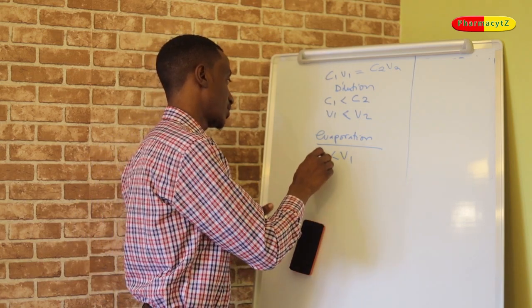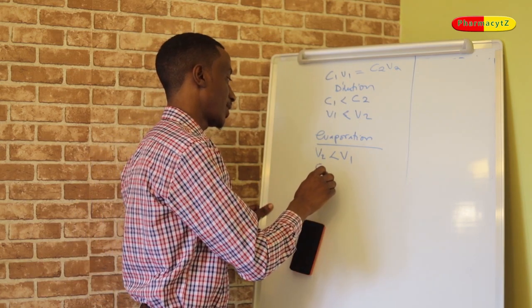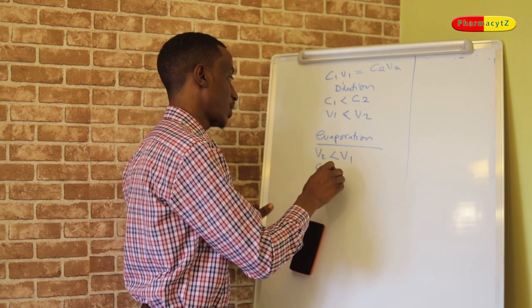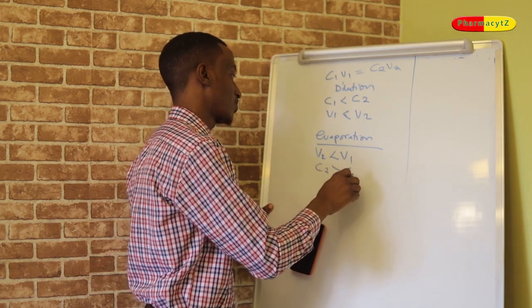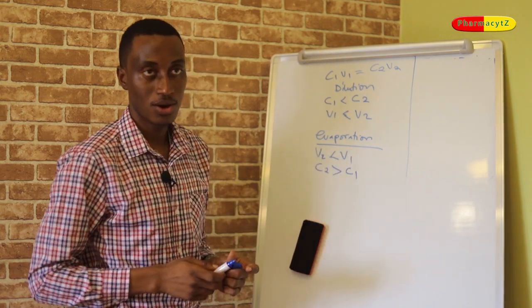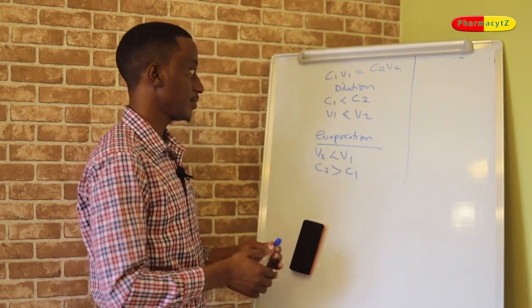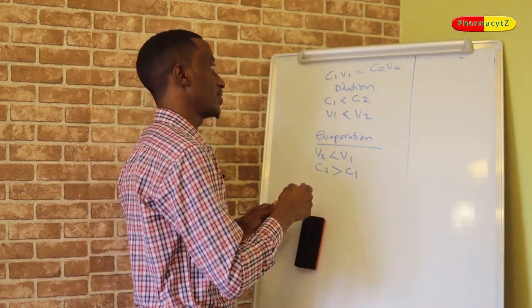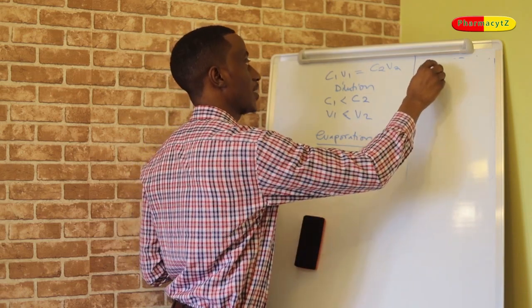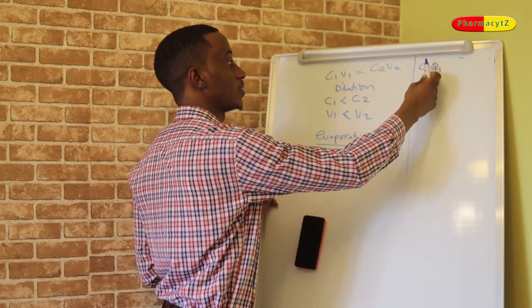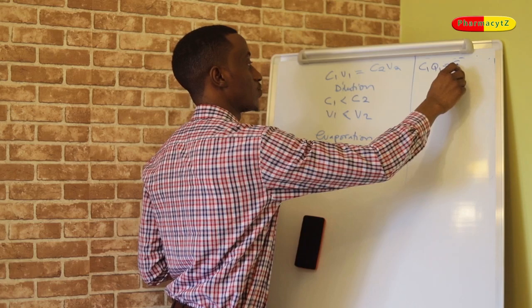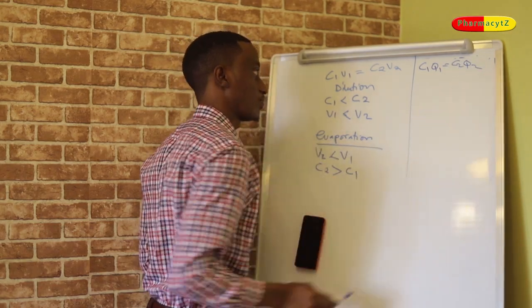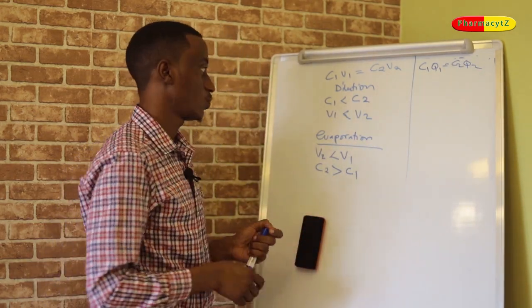But the concentration will increase. Concentration 2 will be greater than concentration 1. Hope you get that. Having known that, if we are dealing with semi-solid preparations, then the equation shall be C1Q1, representing quantity 1. This will be equivalent to C2Q2, representing quantity 2.